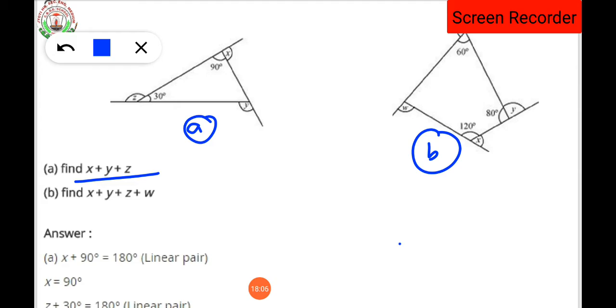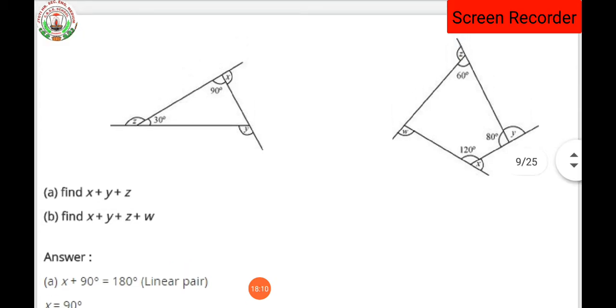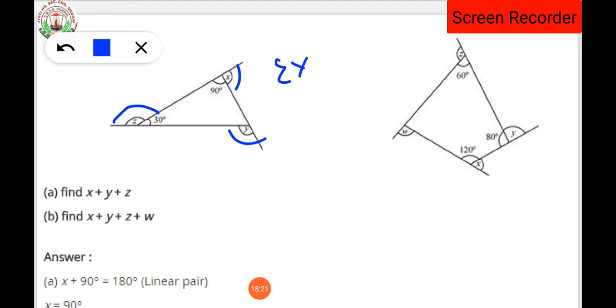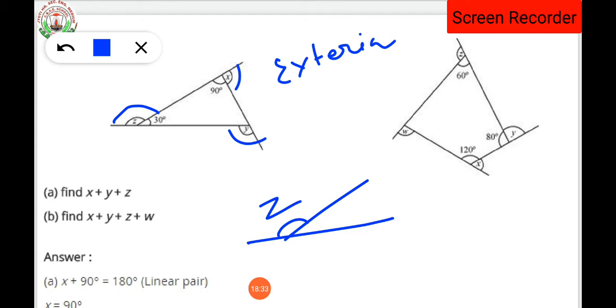Now look at the question. Here x, y and z are the exterior angles. You can see that z is made over here and this angle is 30 degrees. Clear?